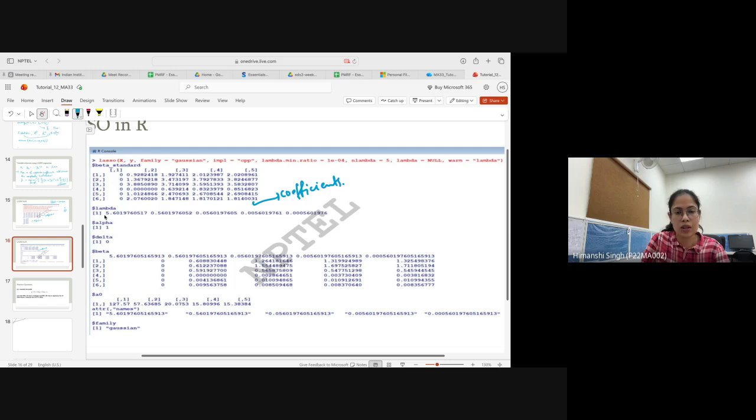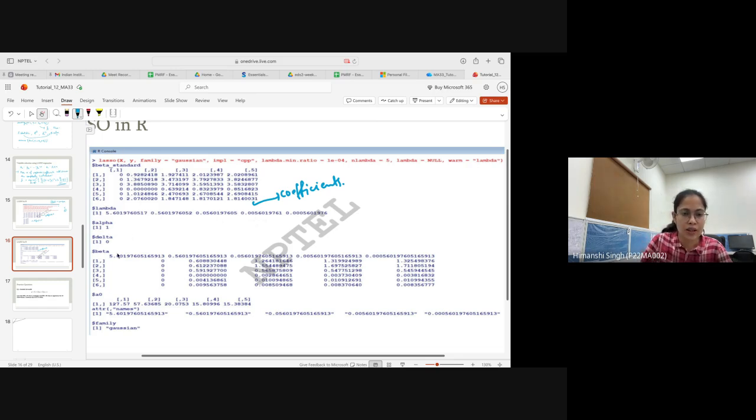As the value decreases, here it is taken to be 0.56, then we get these coefficients. If we take 0.056, then these are the coefficients. If we take 0.0056, these. But here it is written dollar beta.standard. Standard means that we are talking about standardized data. The original data is not considered here, standardized data is considered. Okay, what about the original data?